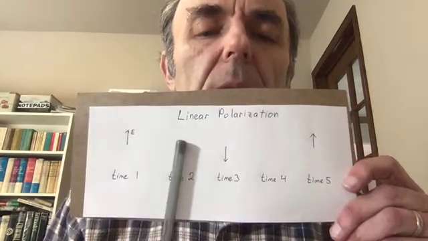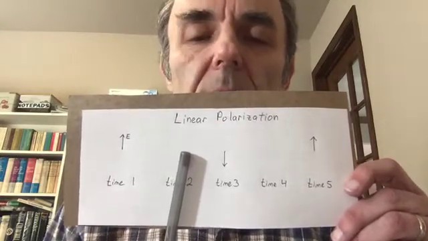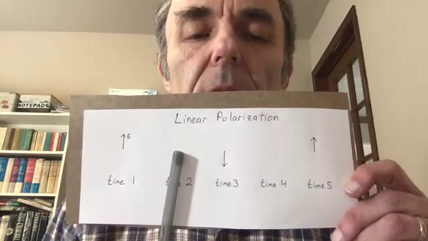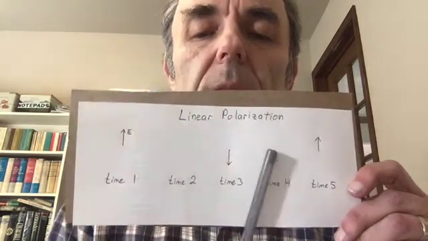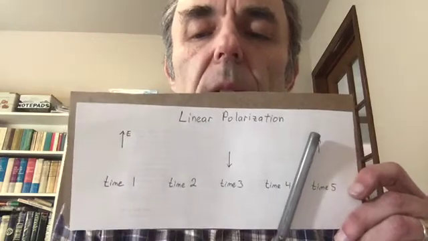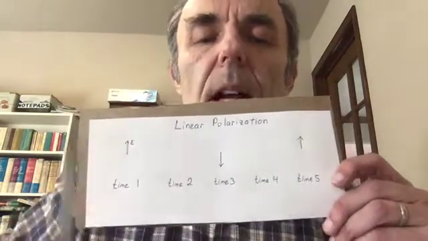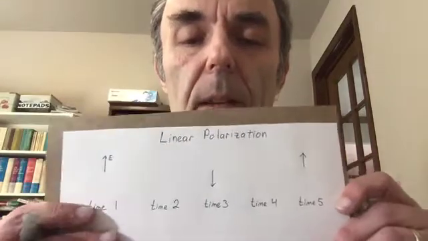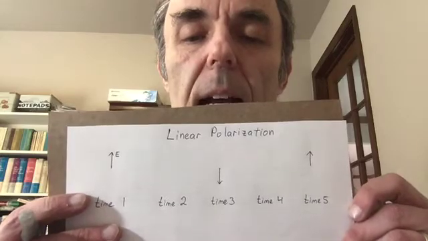And then a very short time later, like 1/4 of an oscillation later, the electric field goes down to 0. A little bit later, the electric field's going down. The electric field goes back to 0, and finally it's going up. So this is one period of the oscillation. So the electric field's going up and down, up and down, up and down in linear polarization. That's exactly what we saw before, just looked at in a slightly different way.